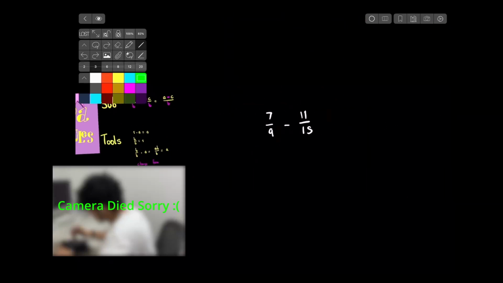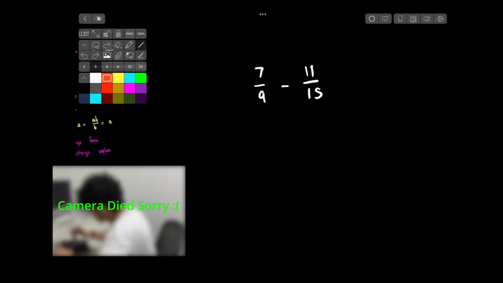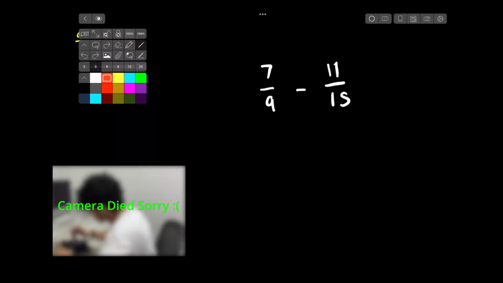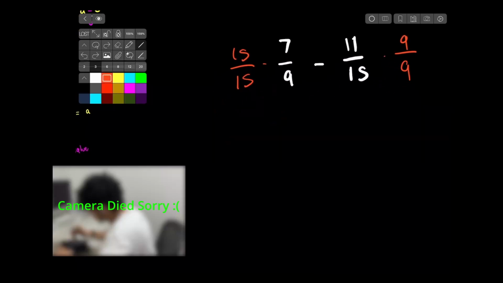Last example, let's say we have 7 over 9 minus 11 over 15. This is going to become the same denominator if I multiply these by brute forcing it. I'm going to multiply this by 15 over 15. I'm going to multiply this by 9 over 9. And notice now these two are the same because this is going to be 15 times 9 and 15 times 9 in the denominator for both of these.